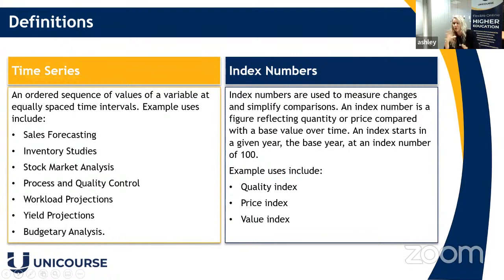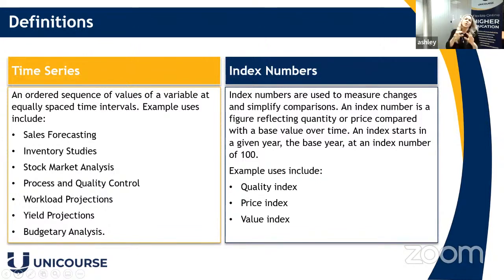I've got a huge list that's open to the public of index numbers that they use, and index numbers are used as an indicator to indicate changes in that economic activity. They can also provide a framework for decision making and to predict future events. So I've noted down the 3 different areas here: quality index, price index, and value index, but they can be used in more areas than that.